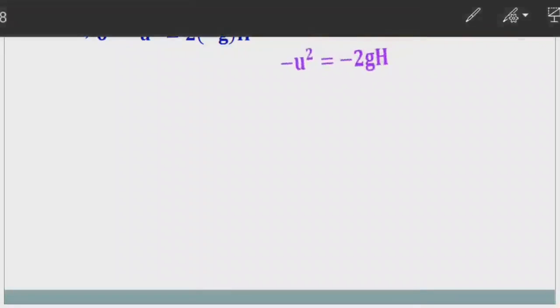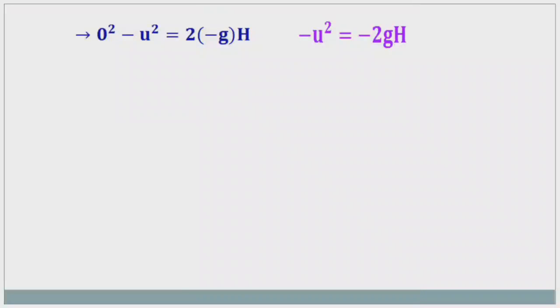So what you will get? Minus u square is equal to minus 2gh. Minus minus will be cancelled. h is equal to u square by 2g. This is the formula for maximum height.